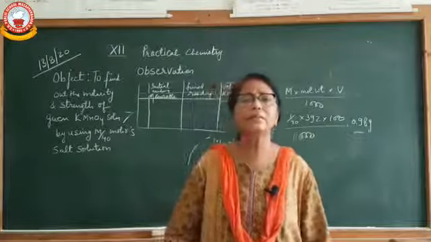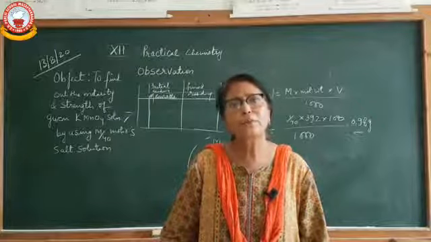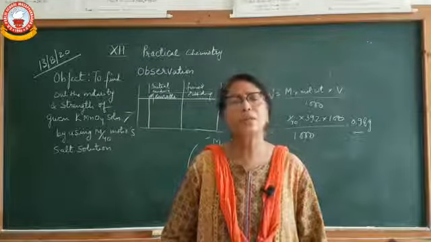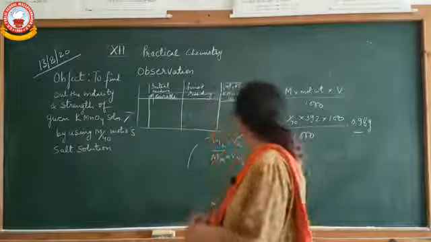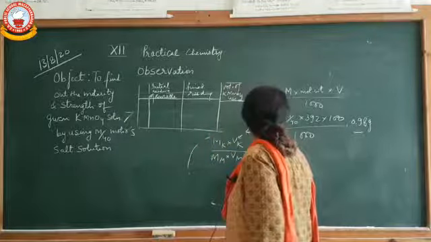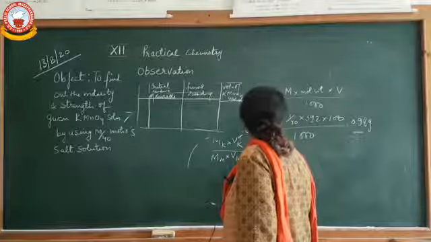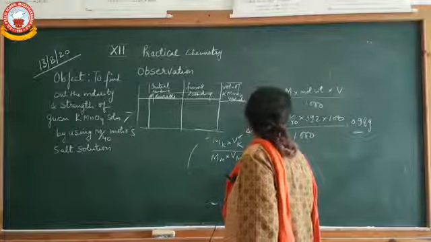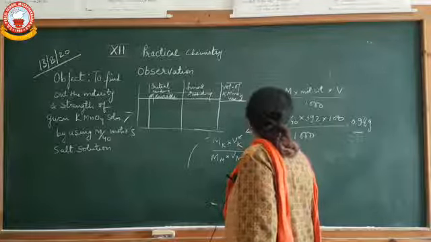Concordant readings means that the difference should be only 0.1, or you can say they should be similar. If one reading is 12, another is 12.1 at the most, or it can be 12 only.